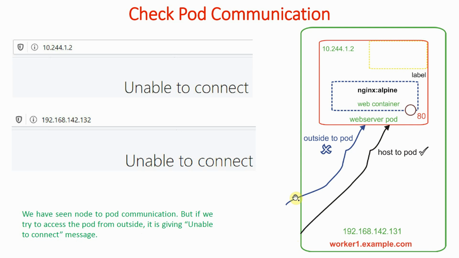That means, from the hosts, the VMs that are involved in the Kubernetes cluster, we can access the pods. But from the outside world we cannot access the pod. For that we need to create one other object that we will be seeing later on.